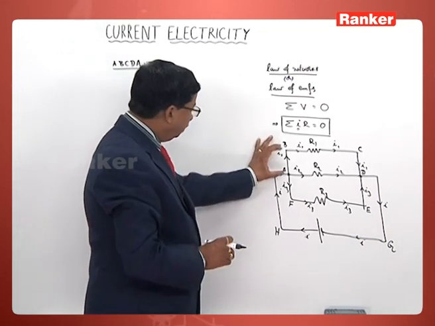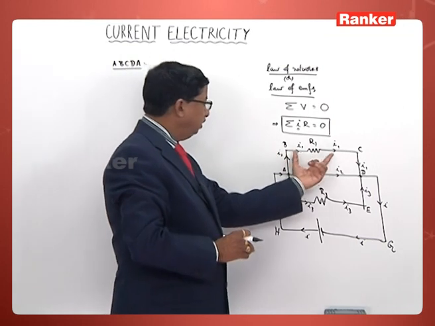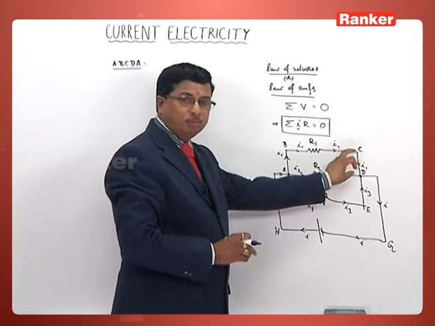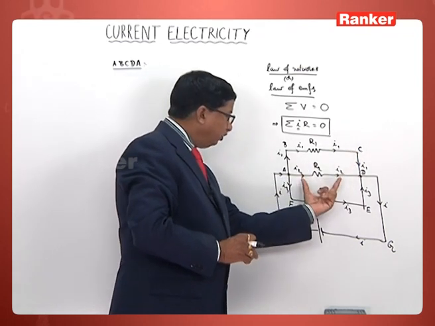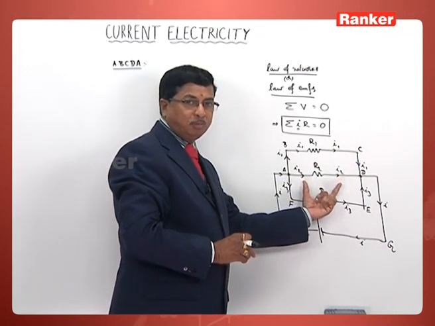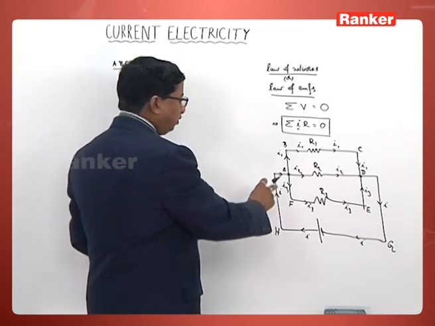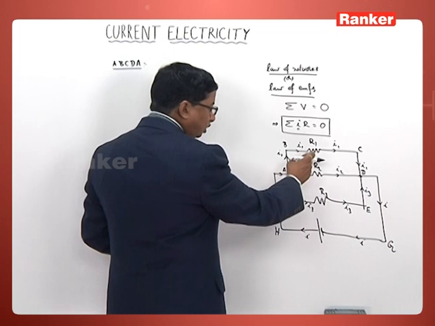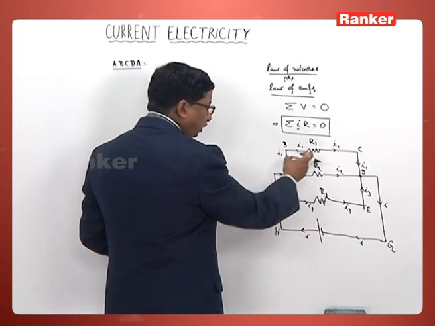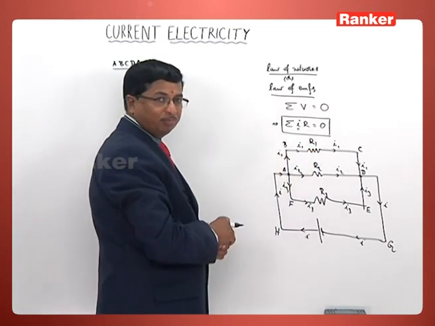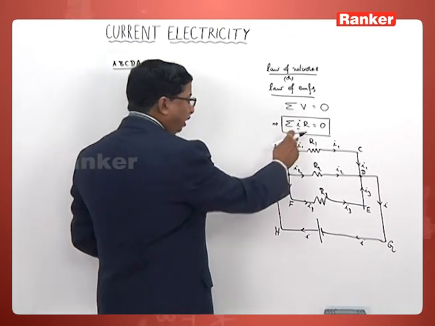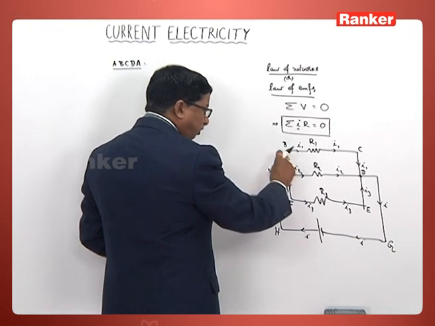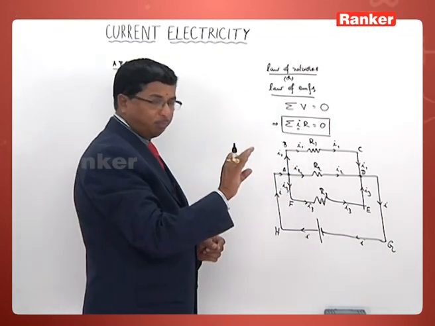So here the current is negative, here current is negative, here also current should be taken negative, and here we can take positive. But if you observe carefully, AB is that branch in which there is no mention of any resistance separately. Thereby, the product of I and R across AB can be taken as 0.